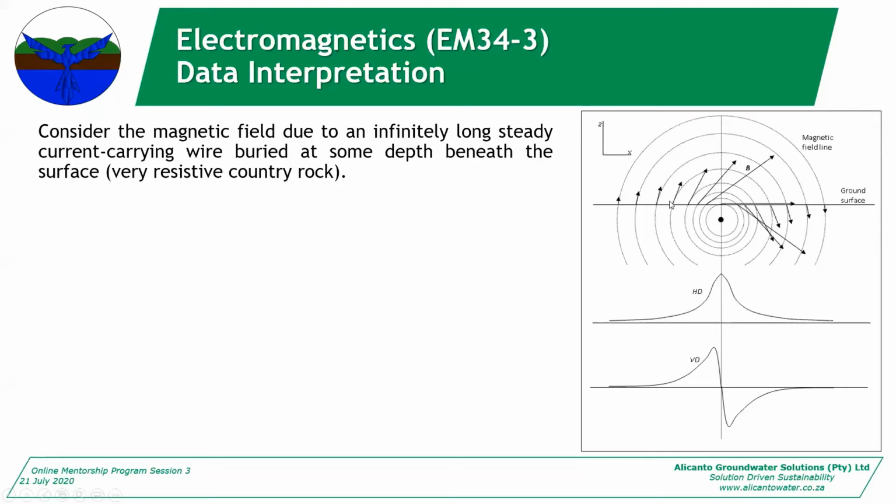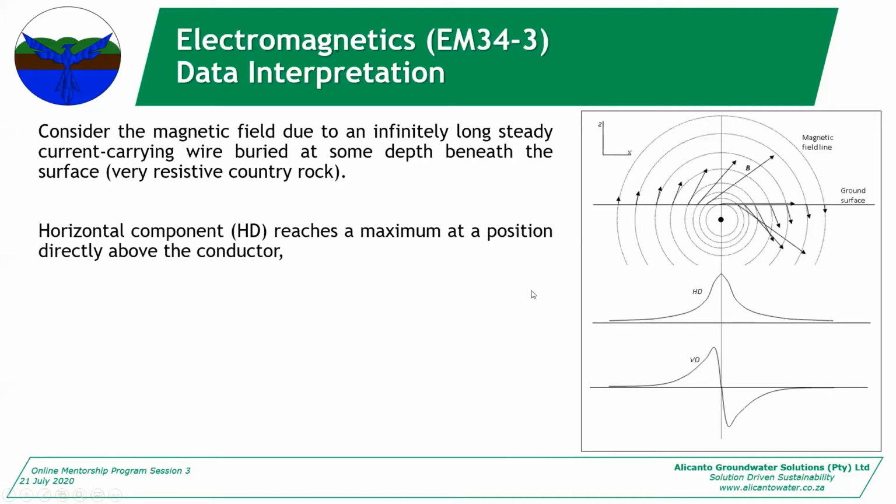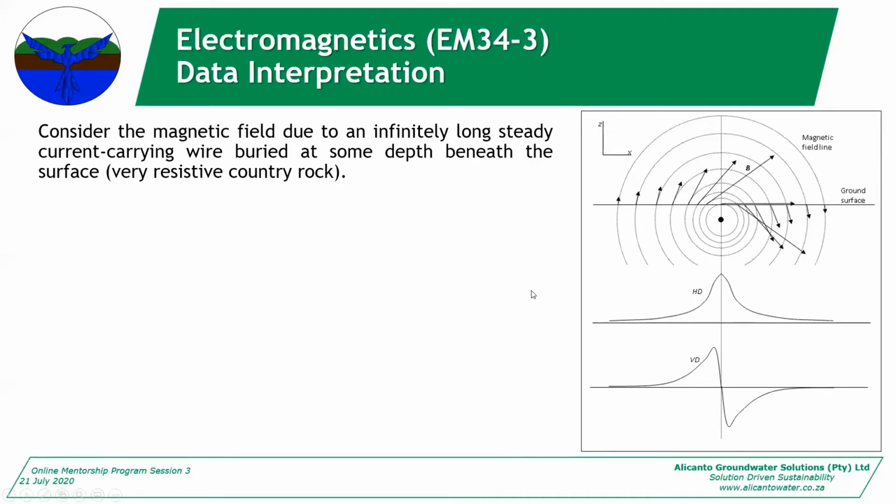You can see the field vectors here of the magnetic field line. Then here is your ground surface where you're doing your EM, and you've got your horizontal dipole and your vertical dipole. Does everybody see what I see? Yes.